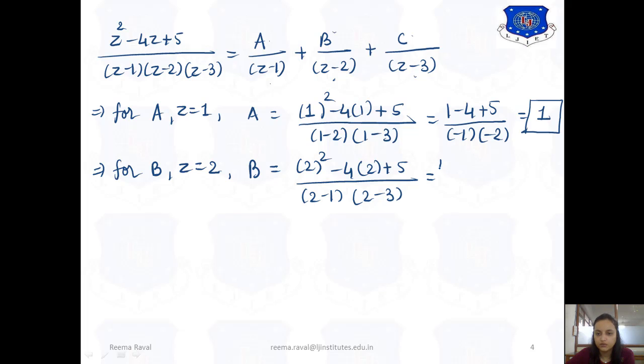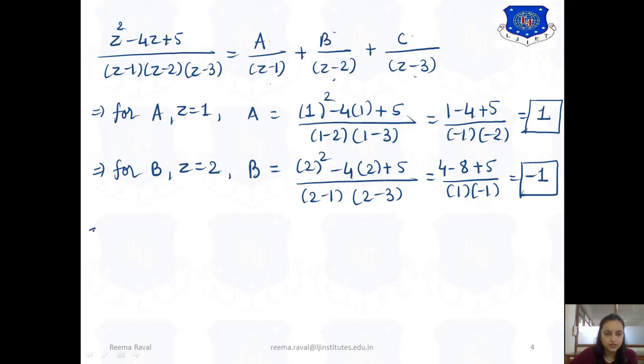That will give us 4 minus 8 plus 5 divided by 1 into −1. So here the answer will be −1. Okay. So the answer of B is −1.